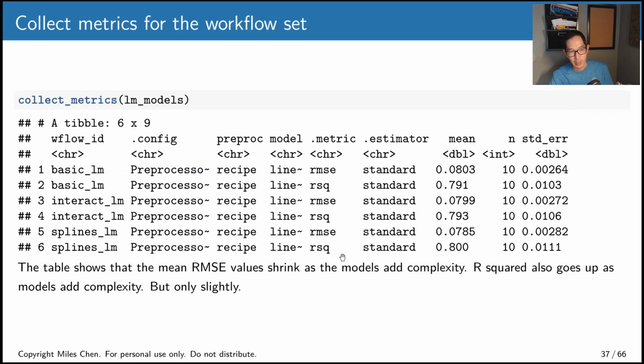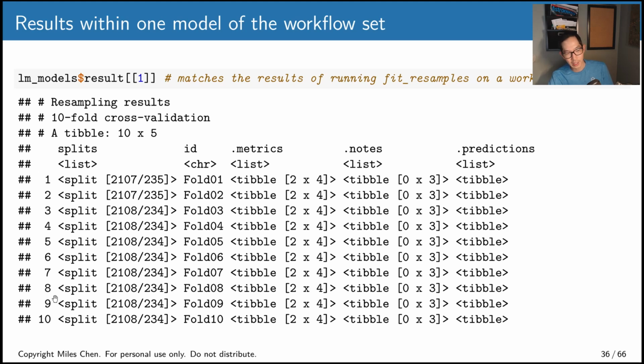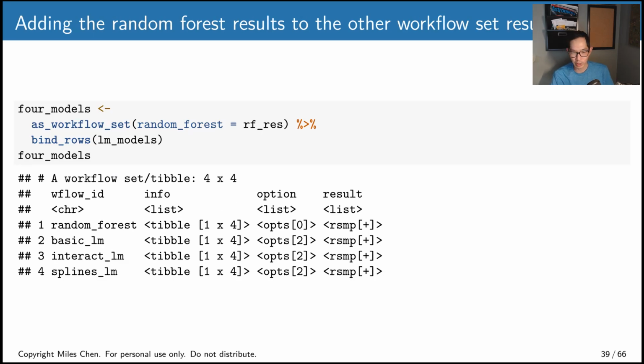The results, it's this thing, and each row represents a different fold of the cross-validation, and each of these is itself a big table. So this is a tibble 2 by 4, and then the predictions is a big tibble with 235 rows. You're just zooming out, and you have tables contained within tables, but you can treat them like tables in that you can bind the rows and add columns and so on and so forth.